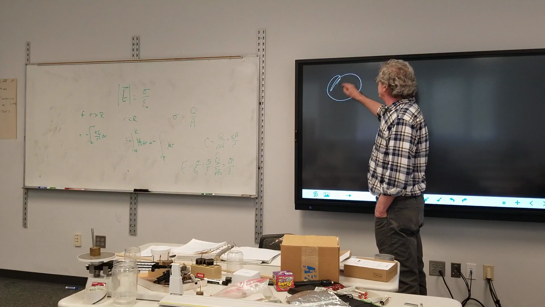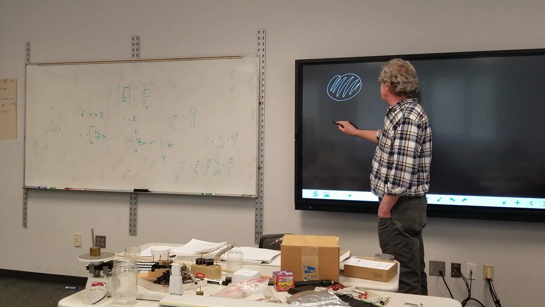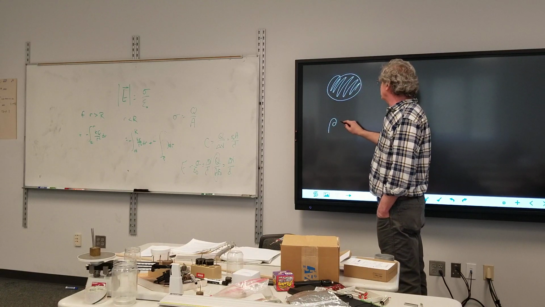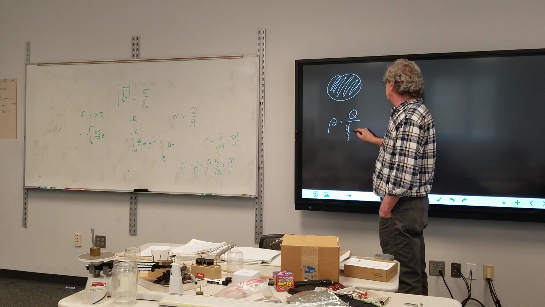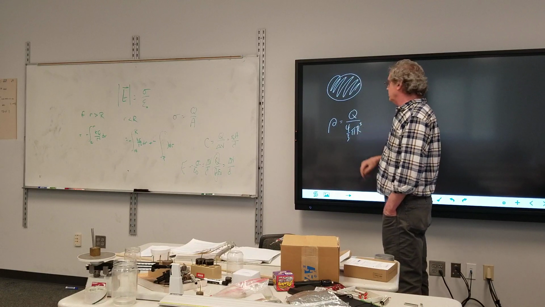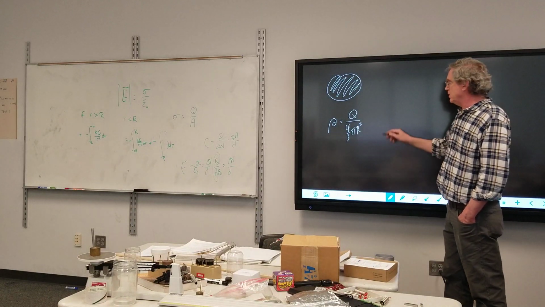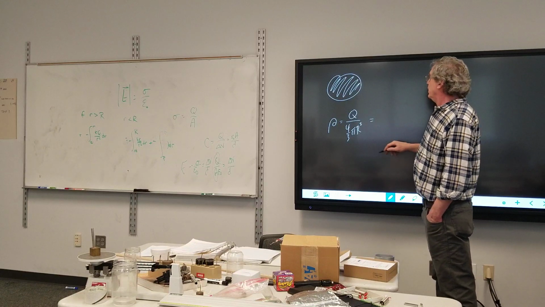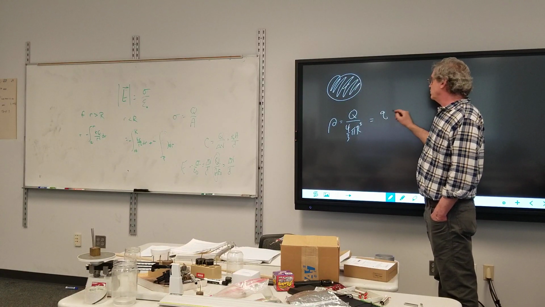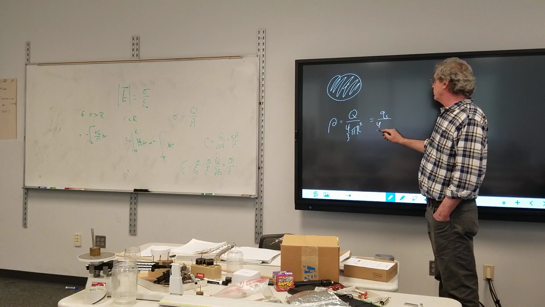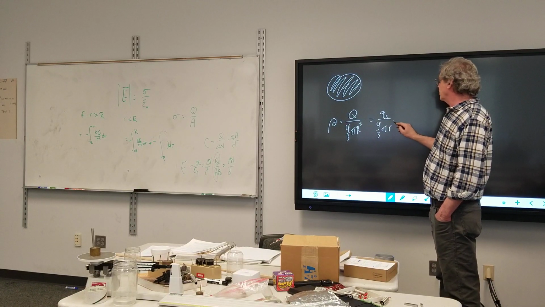So I have something with a uniform charge here. I know that the charge density is going to be the total charge divided by 4/3 pi big R cubed. That's the overall charge density. If I'm at a smaller distance, then I'll just use little q to represent that, over 4/3 pi little r cubed.